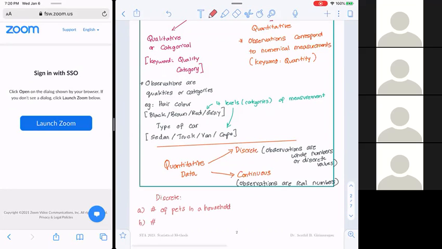The number of cans of soda an adult consumes per day. So note, I didn't use fluid ounces. I didn't use a specific measurement.